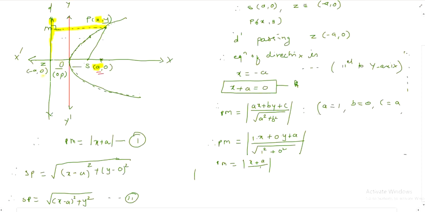Therefore OZ is also a, and since it is on the negative x-axis, the coordinates are minus a, 0. And here we consider any point P on the conic section, say x, y, and the distance of the point P from the fixed line D is the perpendicular distance PM. So M is the foot of the perpendicular.